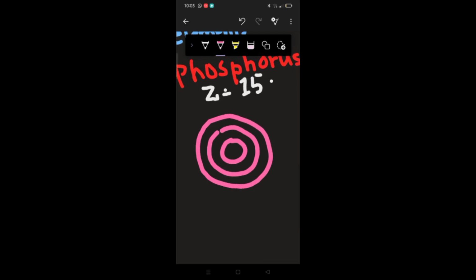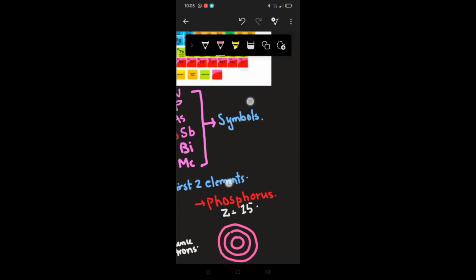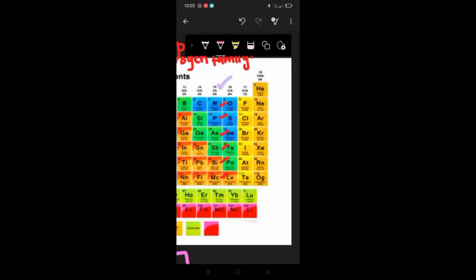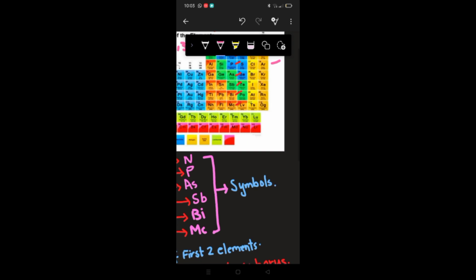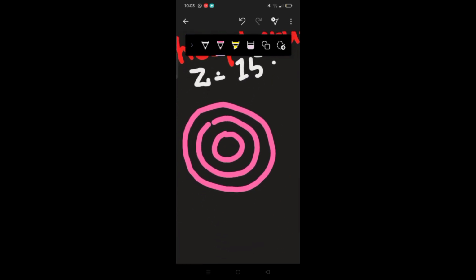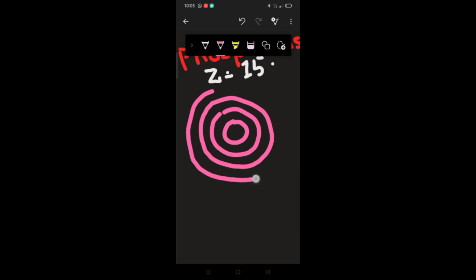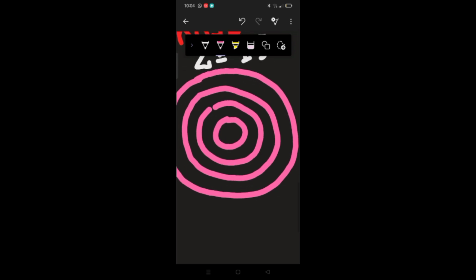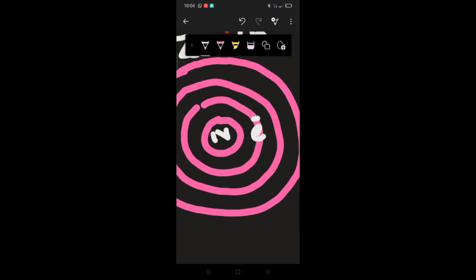But phosphorus will have 3 shells since it belongs to the third period. As you can see here, first period, second period, third period. So phosphorus belongs to the third period, so it will have 3 shells. 1, 2, and now 3. In the first shell we have 2 electrons.